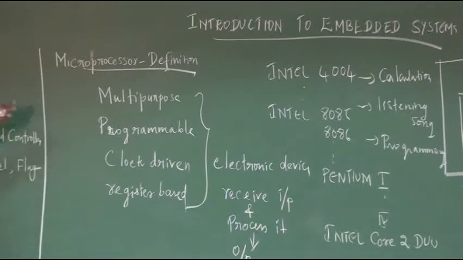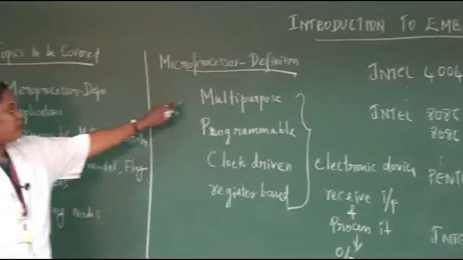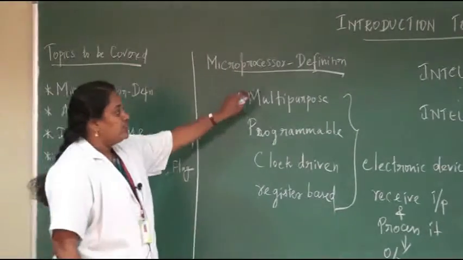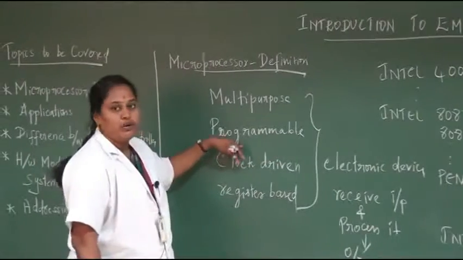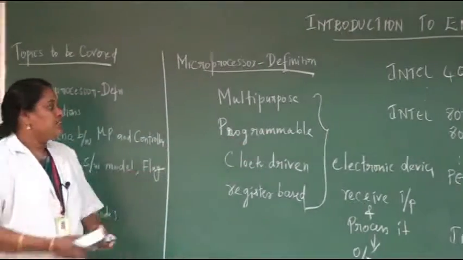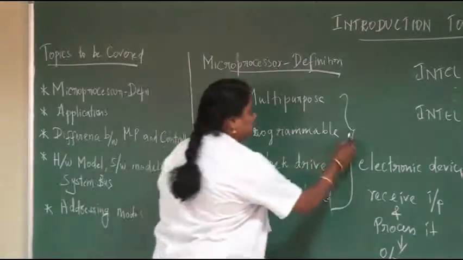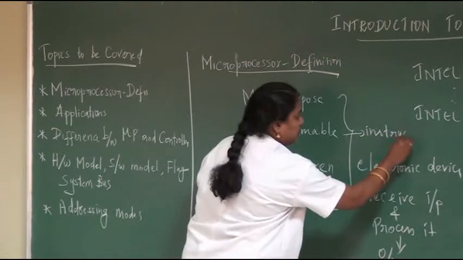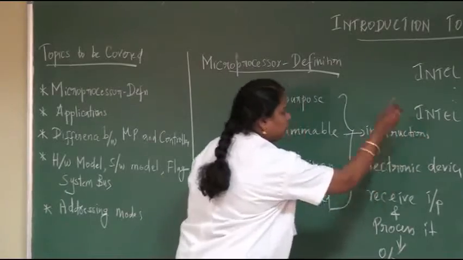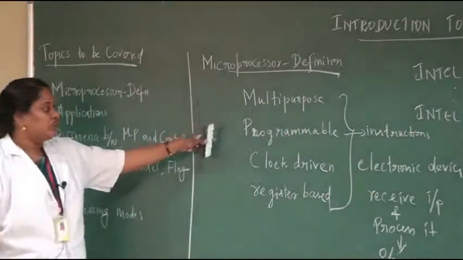Coming to the definition of a microprocessor, it is termed as multi-purpose. As we said, it can do more than one process at the same time, and it is programmable. Why is it termed programmable? It works based on instructions given to it.